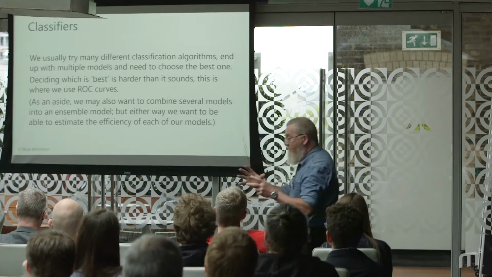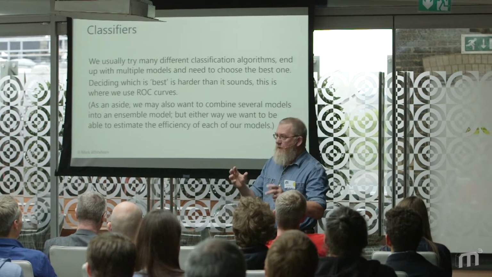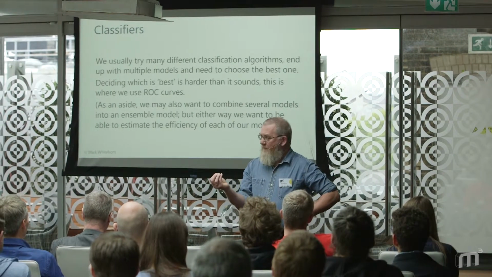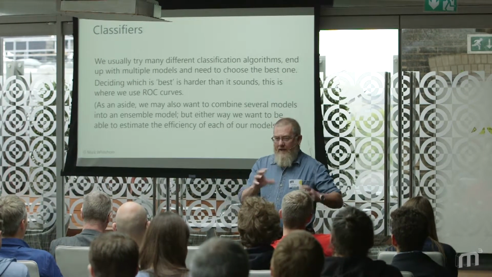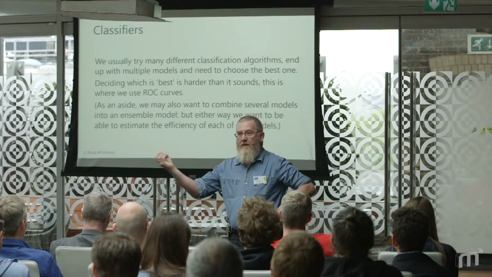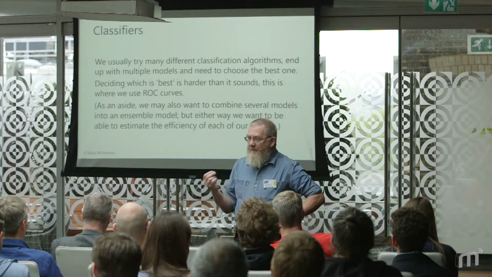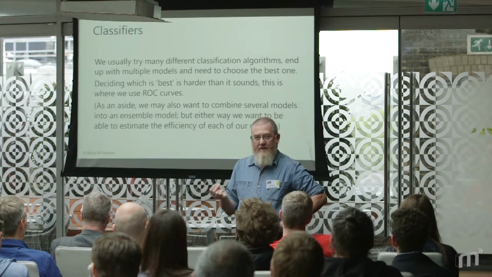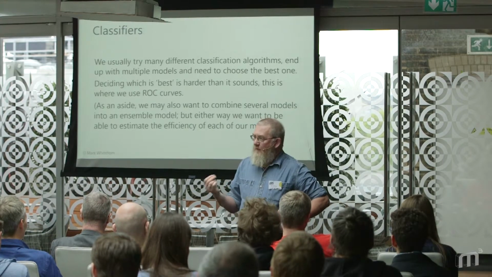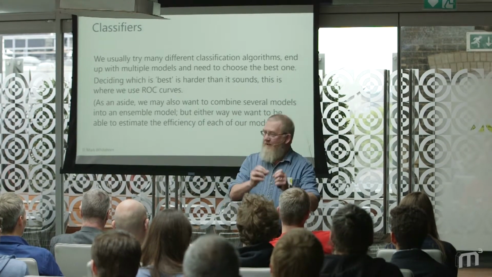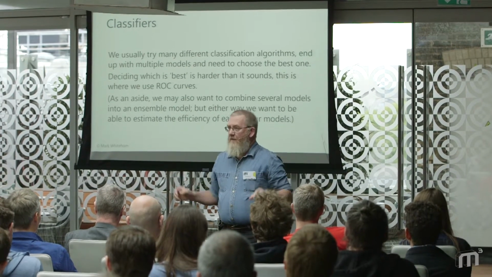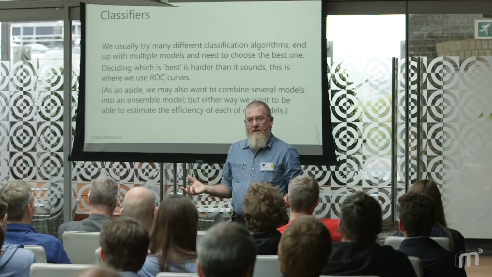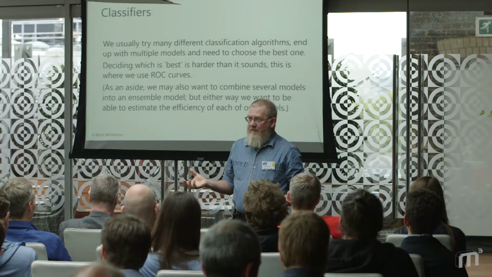If you're a genius, you can choose the correct algorithm first time. You can tune the algorithm correctly, you stuff the data through, and you get the perfect data model. If you are capable of doing that, you do not need to listen to the rest of this talk. Mere mortals like me take the test data, we stuff it through a variety of algorithms because we don't know what is the best one for producing the best data model.